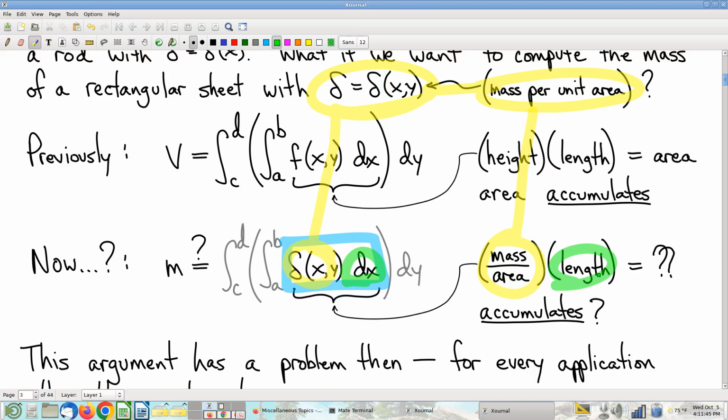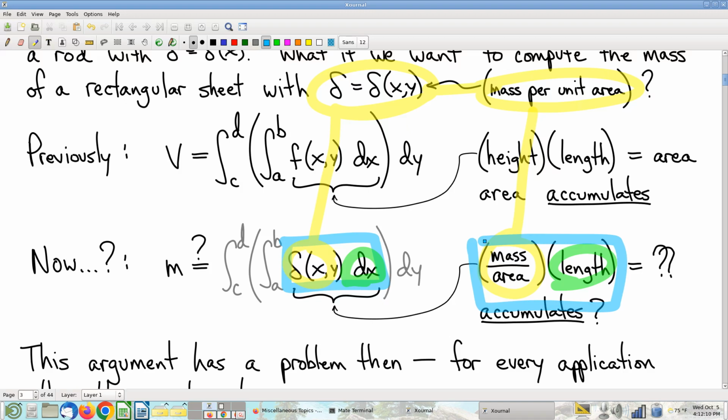And that's nice. When we know what mass is, we understand mass. Mass accumulates. And that's just not what we have here. It's sad, but it's just not what we have. I mean, look what we've got. We've got mass per unit area times length. And it's not a thing that we currently understand.